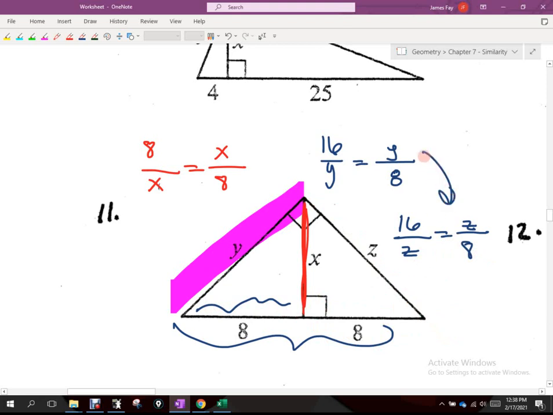What's that tell you about y and z? They're equal. So what kind of triangle is this? It is an isosceles right triangle. So that's 16. You get 8 radical 2 for y and z, I believe. Chapter 8 will actually allow us to do this problem a little bit quicker than what we have with these tools.